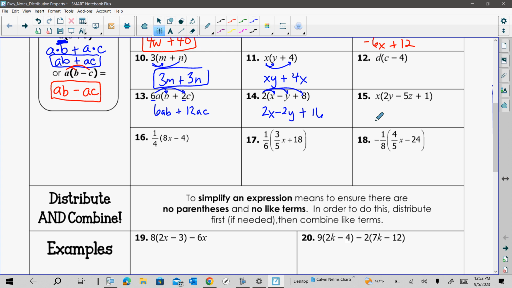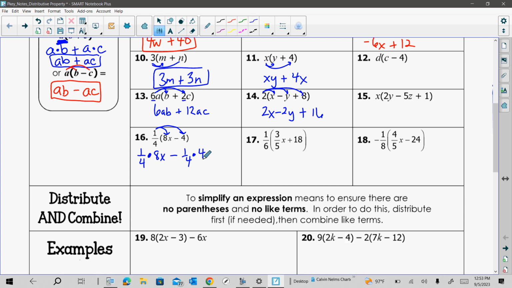Okay, so I'm going to show the math, and then I'm going to show you how you can use your calculator to help. So we're distributing what on number 16? A fraction, 1/4. Yeah, the 1/4 is getting distributed to each term. So this is how we show it. We do 1/4 times 8x. Then we have a minus 1/4 times 4.